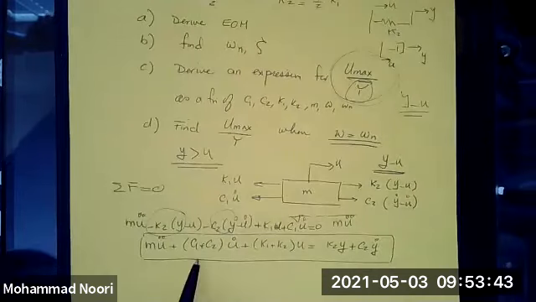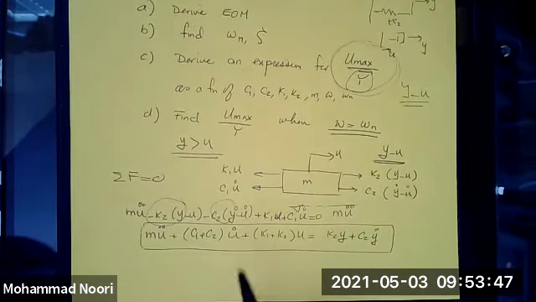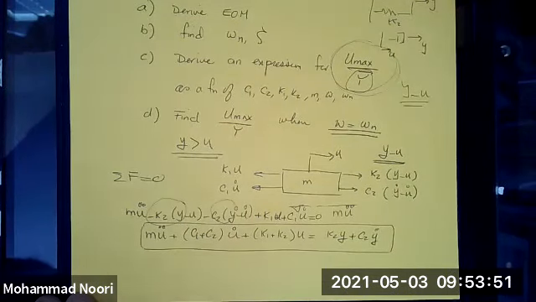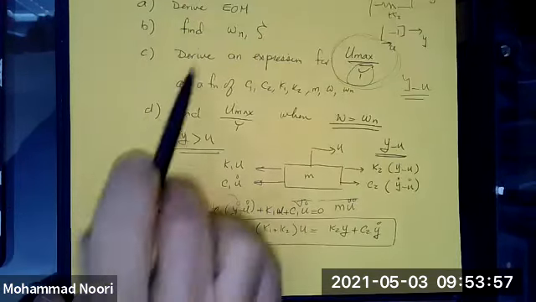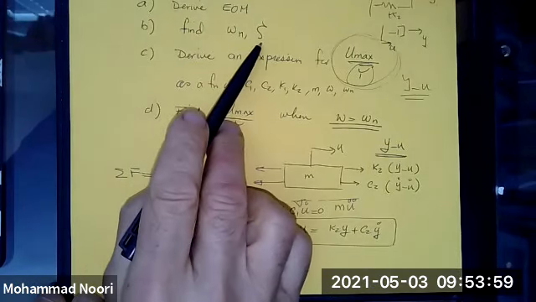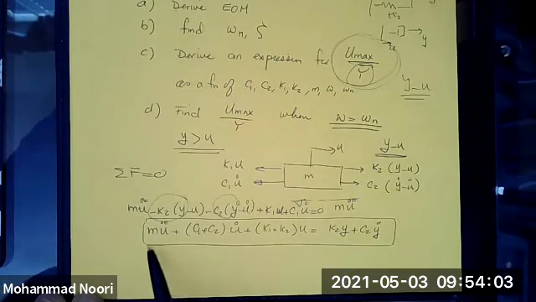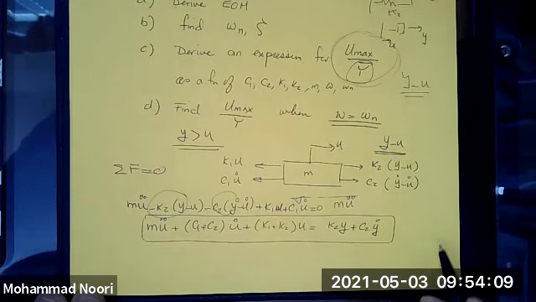All right, so let's now put in the values for these parameters. But before doing that, since the second part of the problem asks for zeta and omega n, I'm going to convert this to the alternative form. That means I divide the whole equation by m.